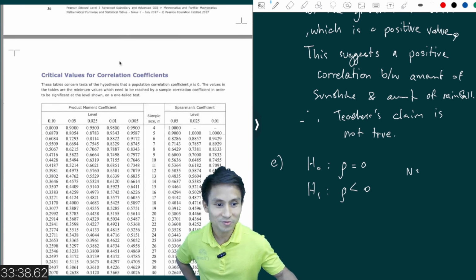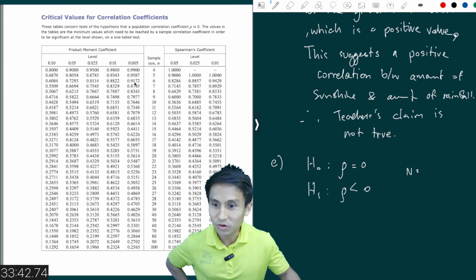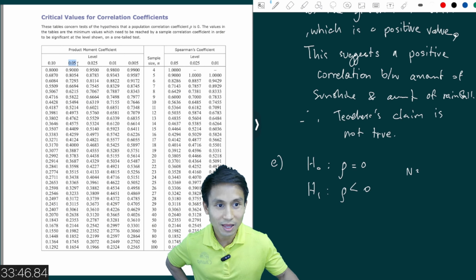Yeah, it's this one. We are looking at the 0.05 significance level here, and we don't know n.